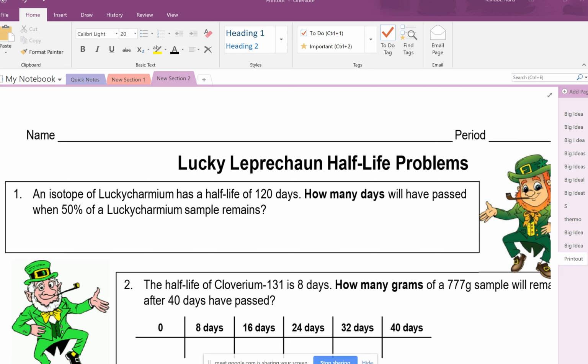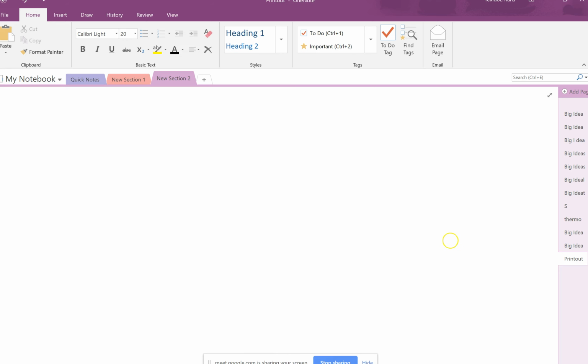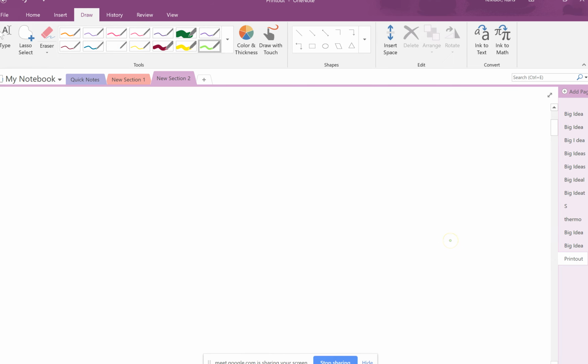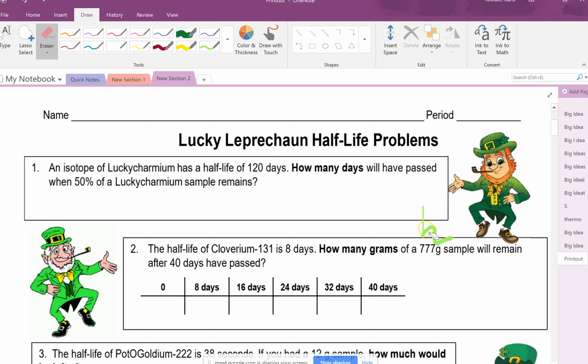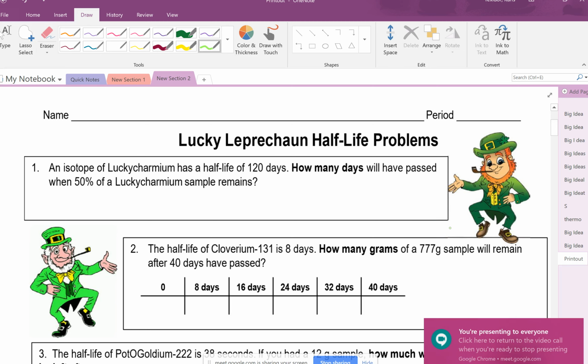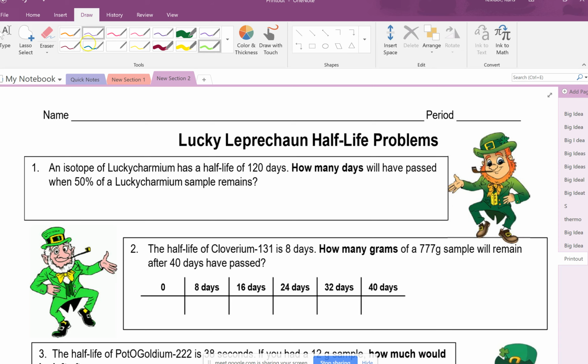We have these half-life problems here, and to do them, we talked about what half-life means. Half-life is the time it takes for half of something to go away.